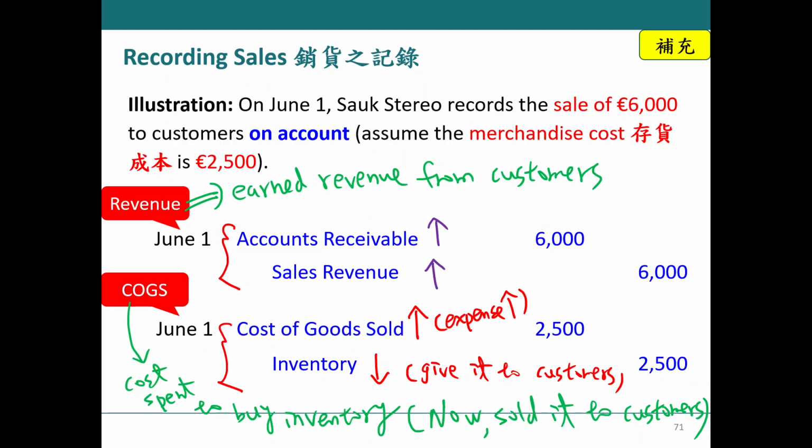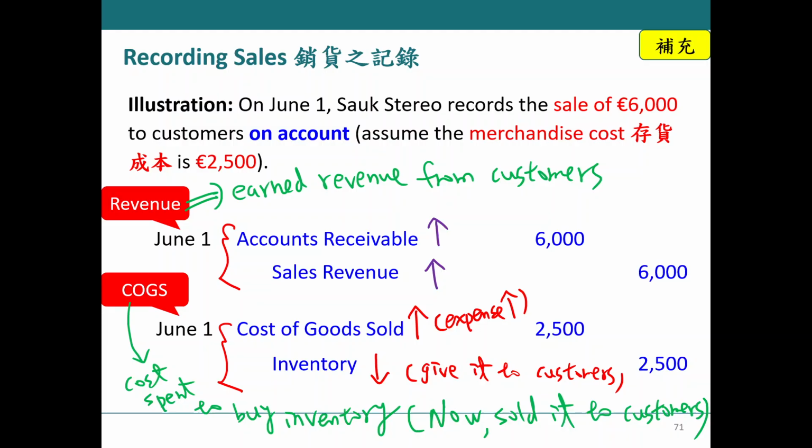Any questions? Based on this, can you tell me, for this transaction, for this business, what's the profit you can get? About inventory, right? So gross profit, 毛利, what's the profit you can get from this inventory? How to get the gross profit? 毛利 gross profit only about inventory.